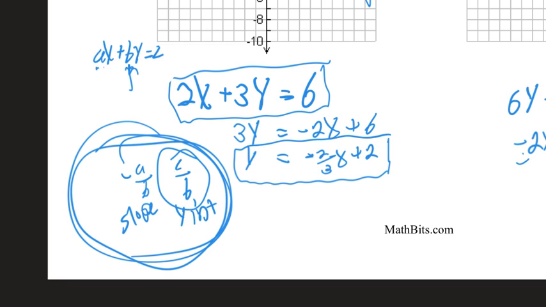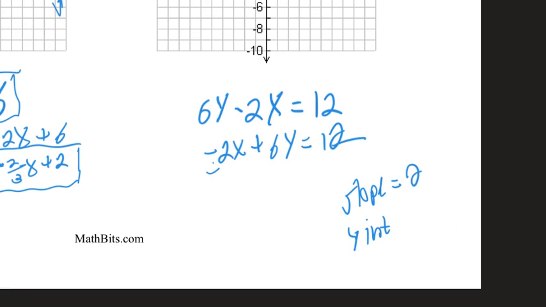Wait a minute. The y-intercept is the c number over the b number. Y-intercept is the 12 over 6. Y-intercept is 2. Not slope, my bad.